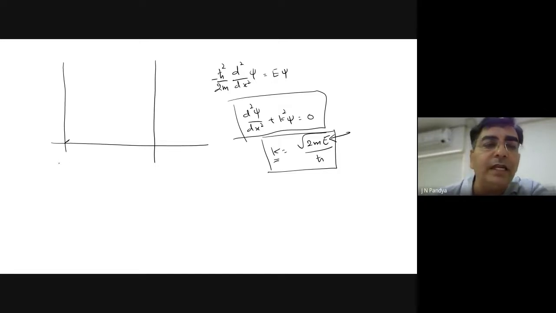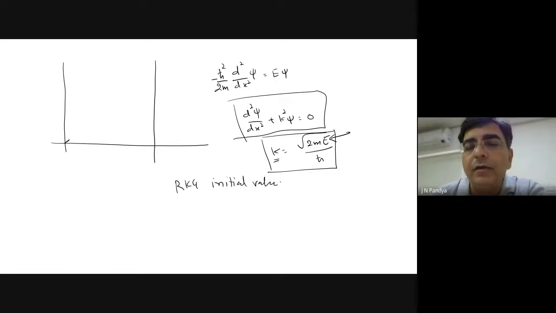What do I mean by that? Your RK4 is basically an initial value problem, while your particle in a box is a boundary value problem. Here you are saying that psi of 0 has to be 0, and psi of L or A, whatever you call it, also has to be 0.